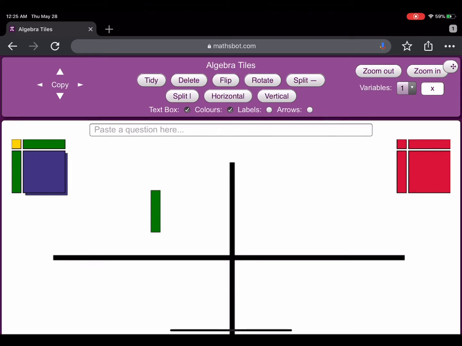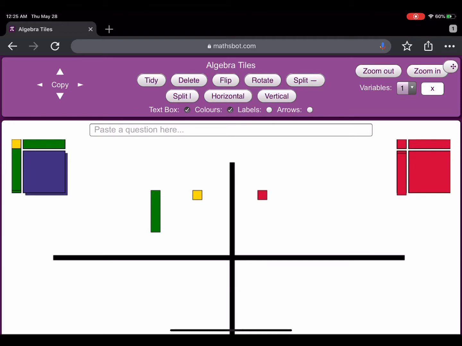So we would represent x with one of these green ones. If it was a negative x, we would represent it with one of these red ones. If it was 2x, we would have 2 of these. If it was 3x, we would have 3 of these. But it's 1x.